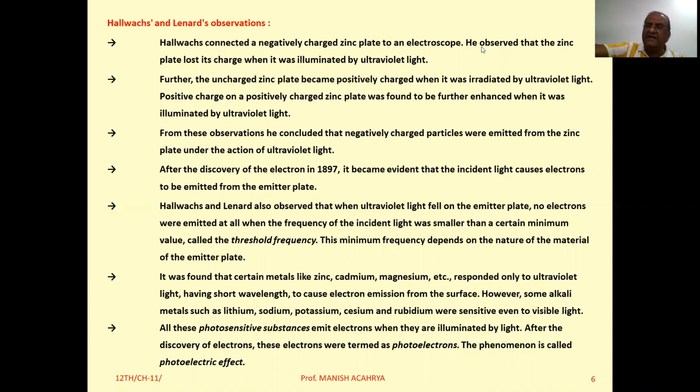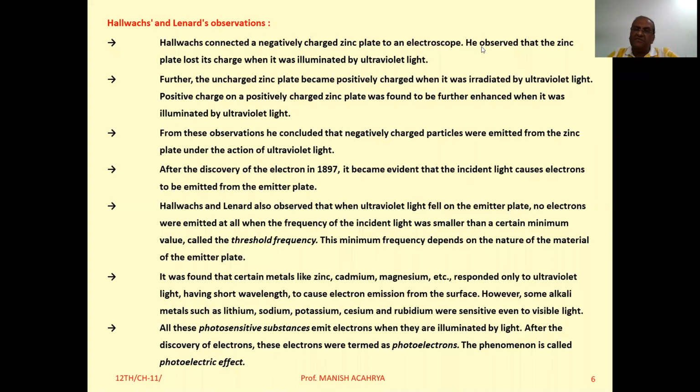If greater than that, electrons will definitely be emitted, but if less than that, electrons will not be emitted. That minimum frequency required for the incident radiation to pull out the electron from the metallic surface is called the threshold frequency of that metal. And this threshold frequency depends on the nature of the material of that metallic surface.